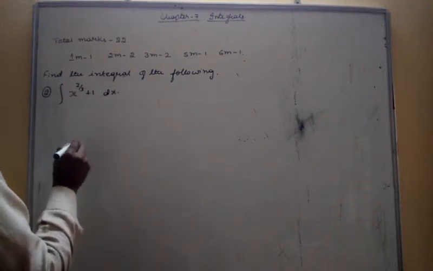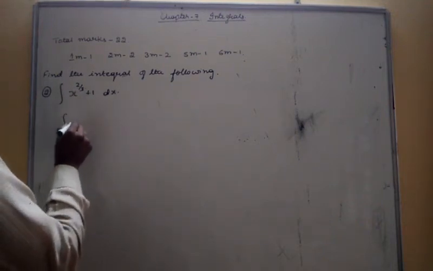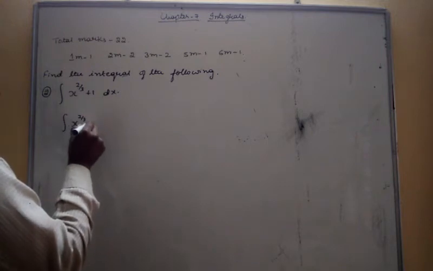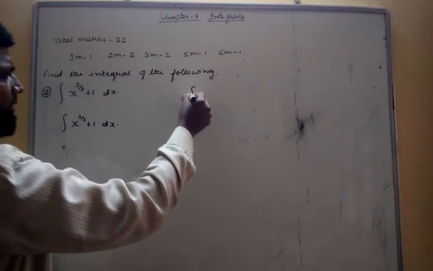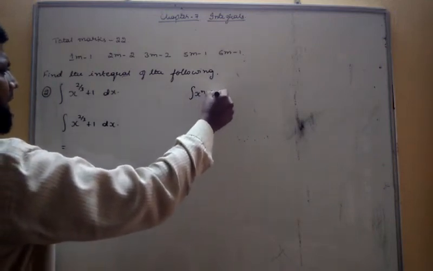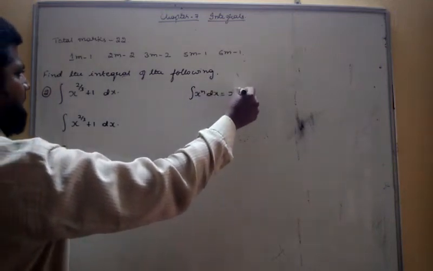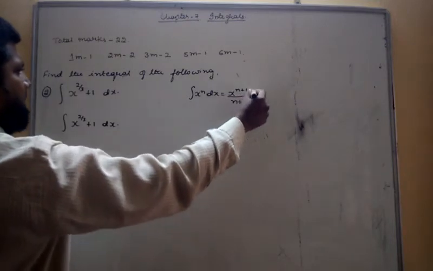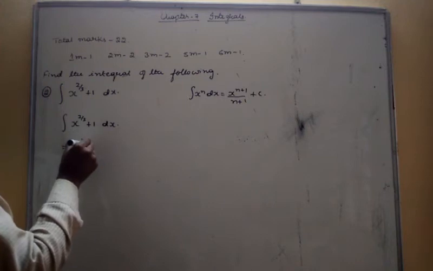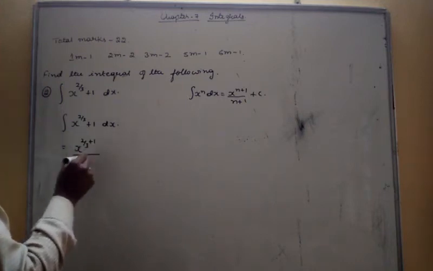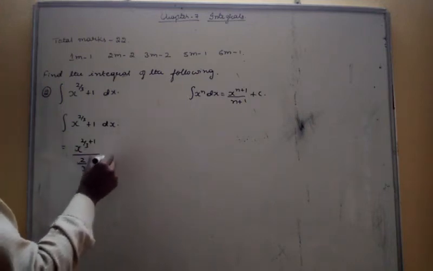Okay, so here x to the power of 2 by 3 plus 1 is there. If you integrate by using the formula, the integral of x to the power of n dx is equal to x to the power of n plus 1 by n plus 1 plus c. So then x to the power of 2 by 3 plus 1 by 2 by 3 plus 1.